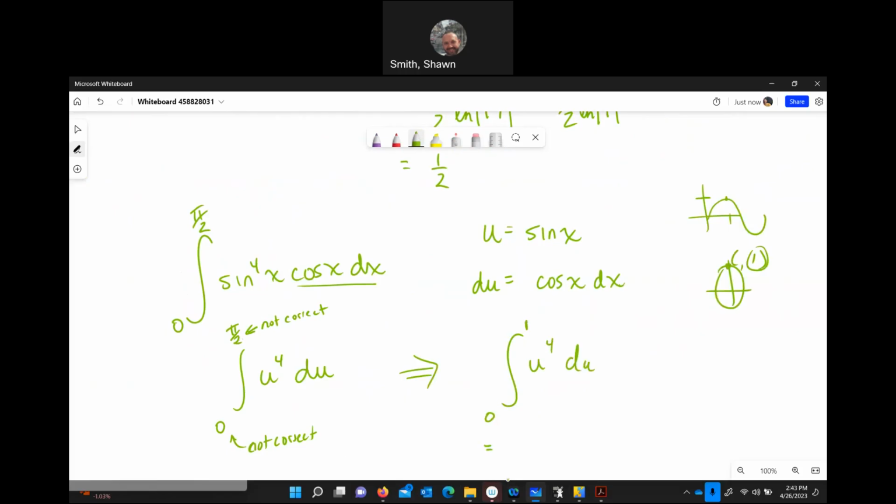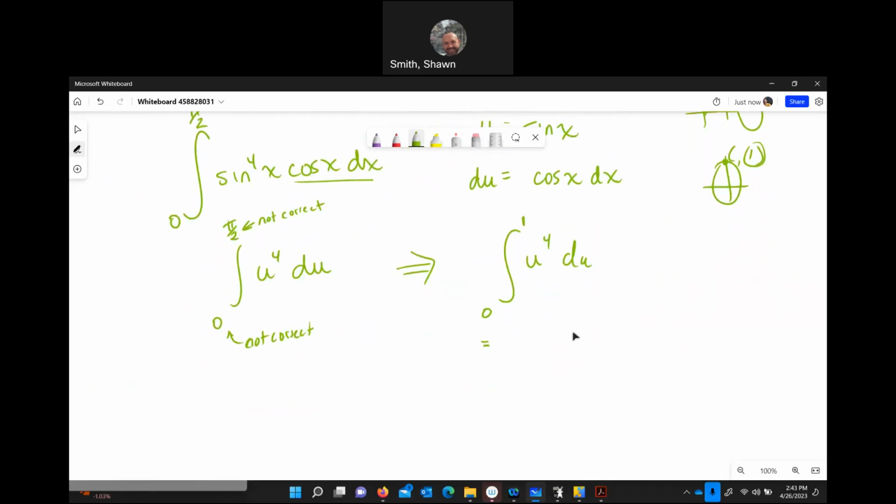This gives us, if I would have left this, remember, just like the last problem, I can go ahead and do the antiderivative, but then I have to go back and replace u with what it was. u was sine x, and then I can integrate with the upper limit sine of pi over 2 or whatever.